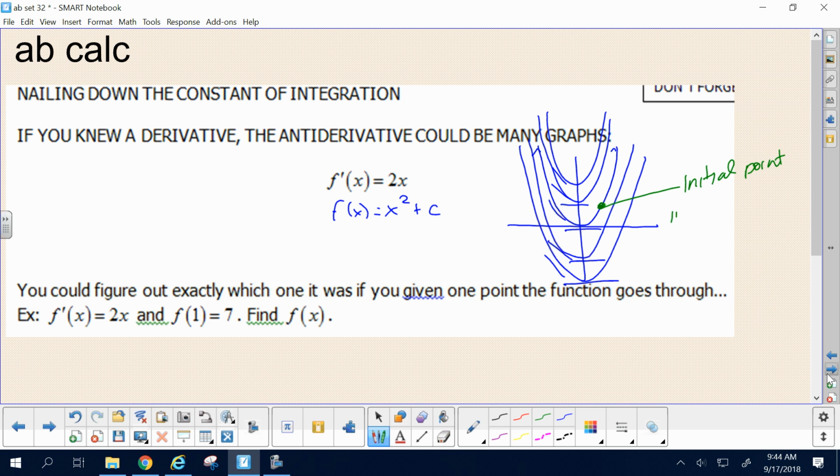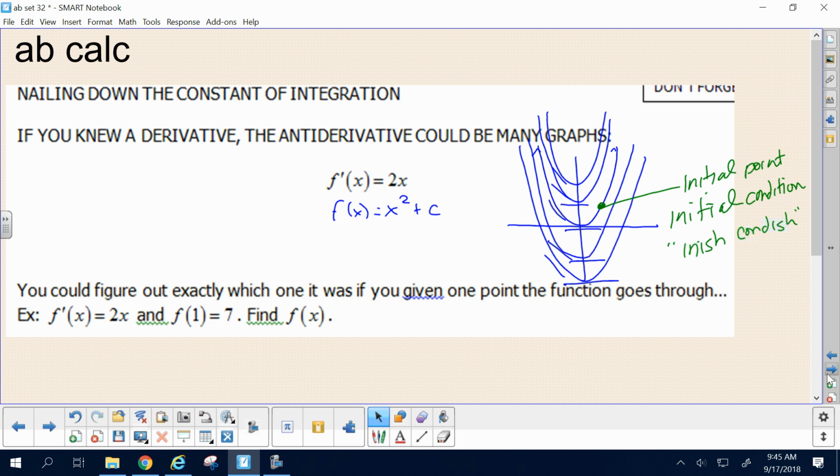This is more often called an initial condition, or frequently shortened down to initial condition, which is just fun to say. I'm not even sure how to spell initial condition, but initial condition, okay?